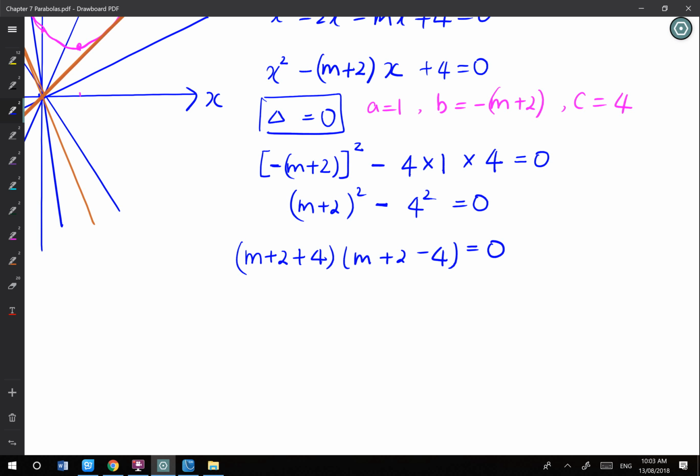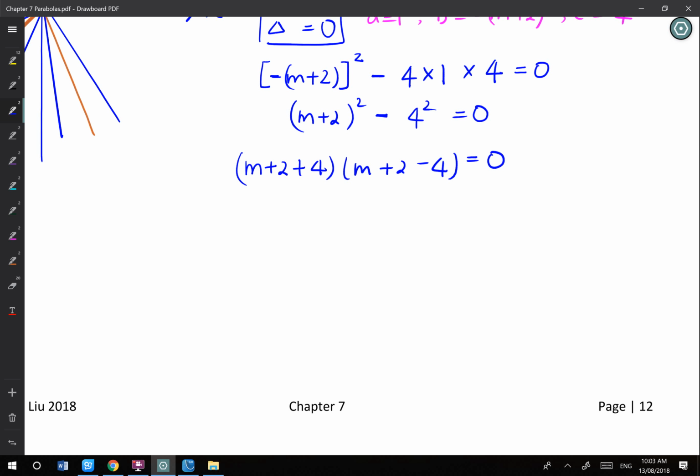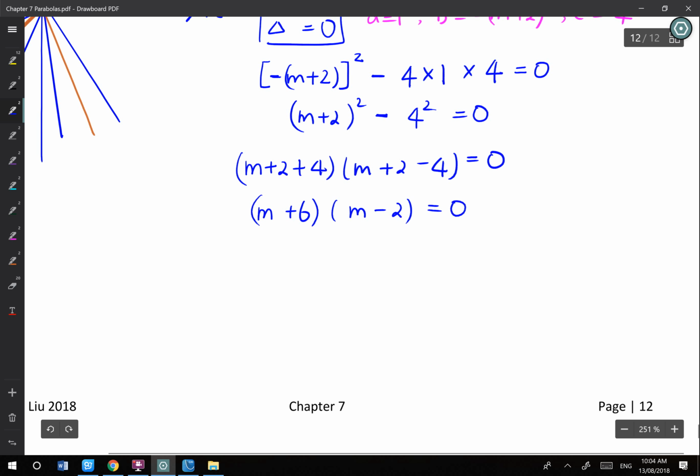I don't want to expand it first because I can use the difference of perfect squares to factorize it directly. So m equals negative 6 and m equals positive 2 in this case.